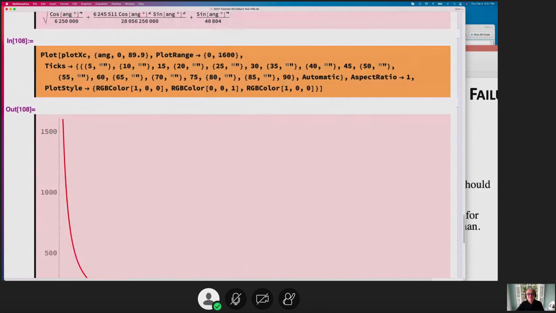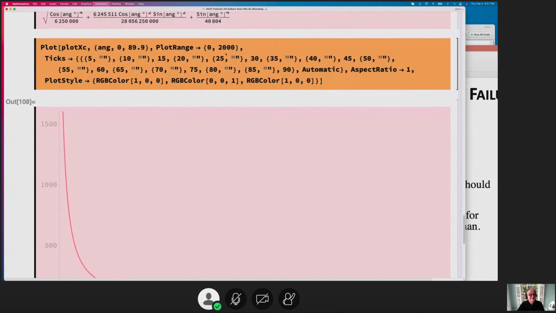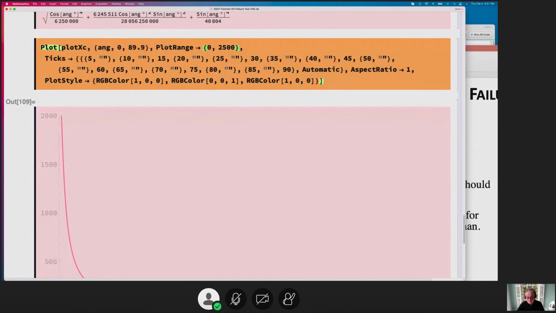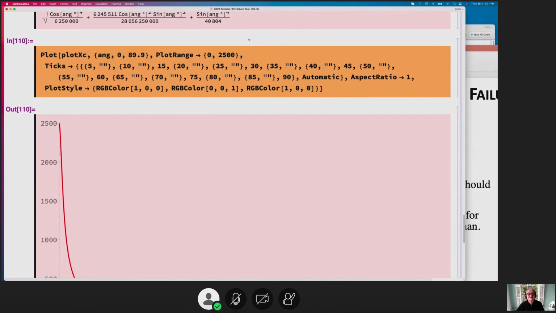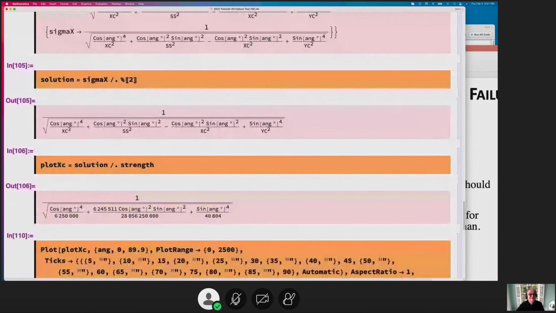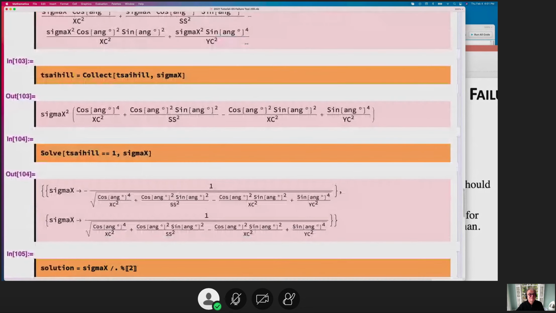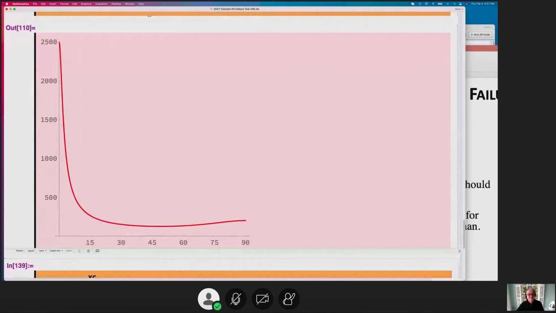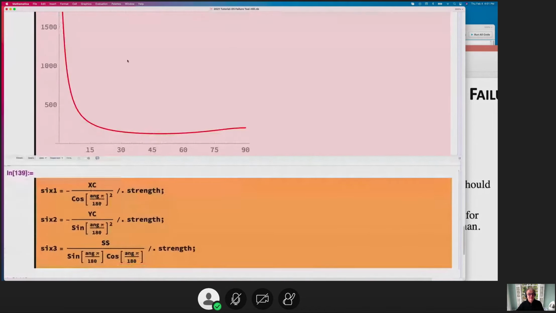And more, actually. Let's say 2000. It's still going. At 0, what was it? 2500, yes. So this is the compression one at 2500.